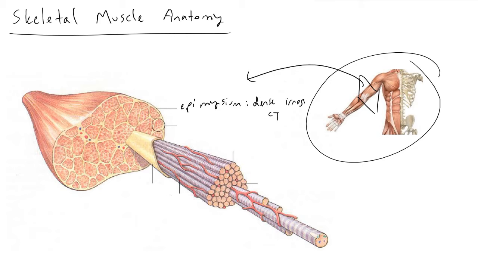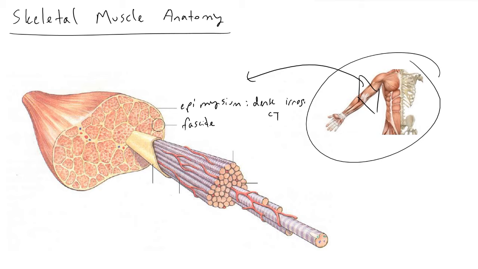Now, we're going to make a note of how we see a bunch of these little bundles within the muscle. Each one of these bundles is called a fascicle. And these fascicles are containers of many individual cells.